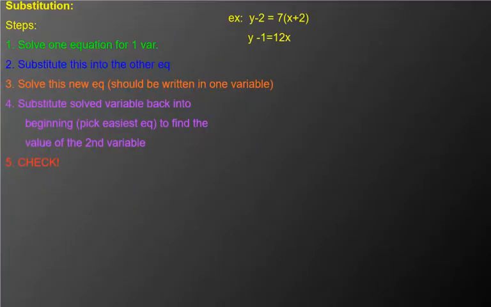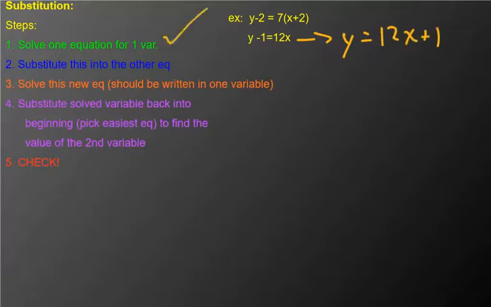So a substitution problem would be one like this, and the reason it's substitution is because you can do this with elimination too, it's fine, but it's set up really nicely for substitution because I can just solve this equation, let's say the bottom one. I could do both, but this one's easier. I can solve this equation for one variable, the y. So I would get y equals 12x plus 1.